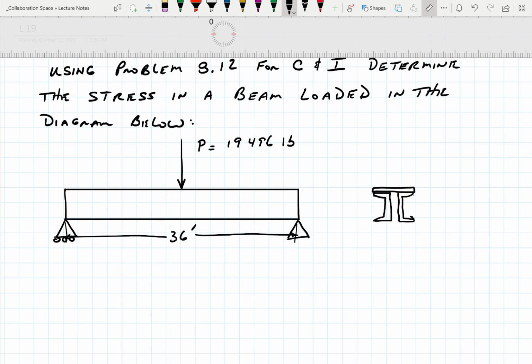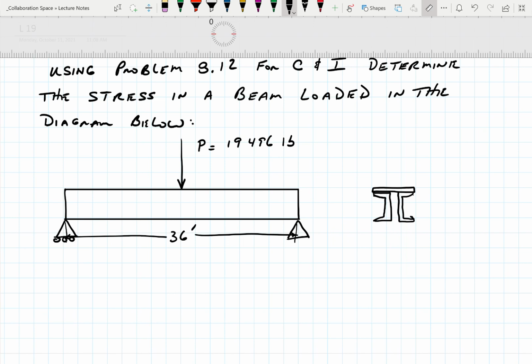So, first step to this problem is find the reactions. But I want to point out something here. Based on the diagram of what I drew for the reactions, what are the two possible things I'm looking for? What type of reactions?